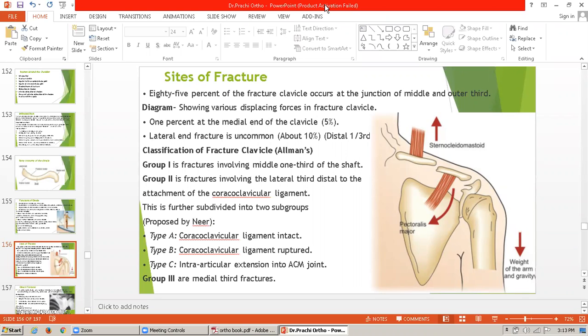So, classification of clavicle fracture by Allman: group 1 is fracture involving the middle third of the shaft.